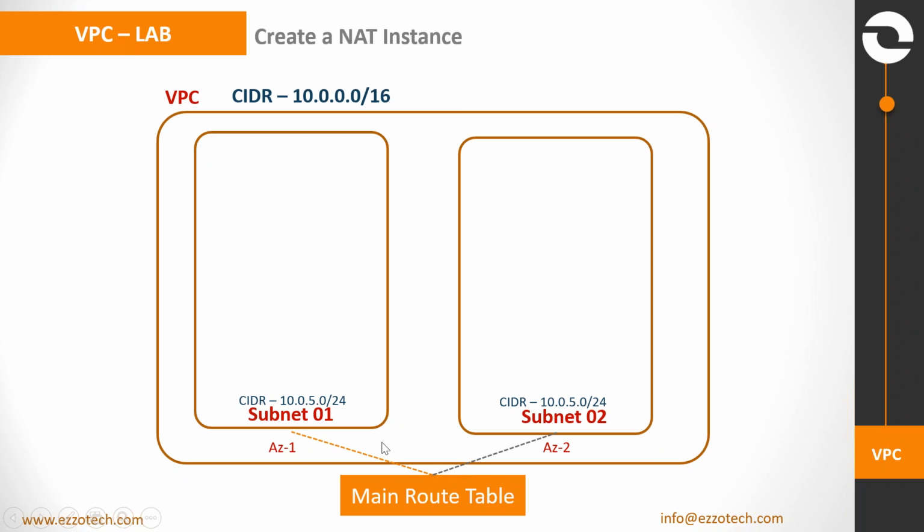And we cannot disassociate any subnet from the main route table because the main route table is internally connected to all the subnets. So if I add the internet gateway route in the main route table, both my instances will become public.